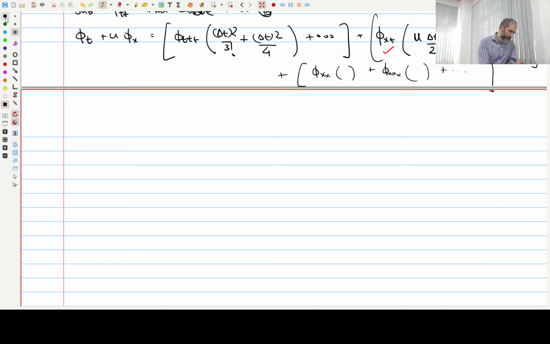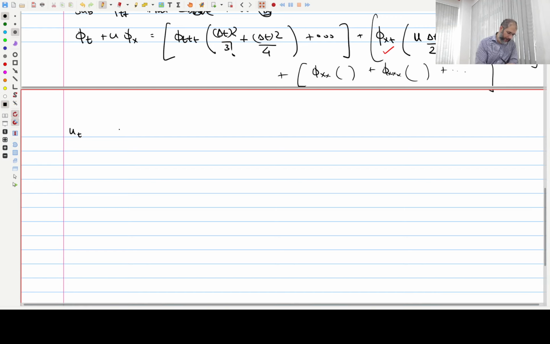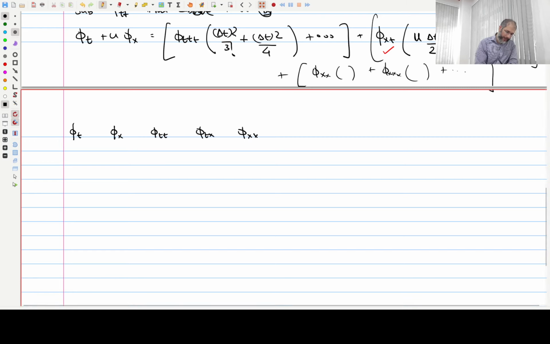So let's make a table here. Basically, I'll write all the terms I can have. In my equation I can have a phi t term, a phi x term, then a phi tt term, a phi tx term, a phi xx term.